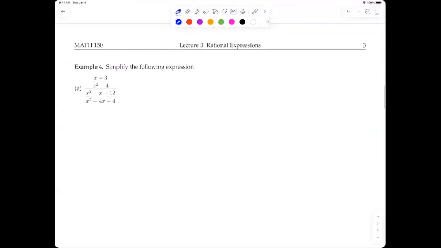Right, in the next example, it's the same thing. You have divisions of rational expressions. So factor when possible. So I have (x plus 3) divided by (x minus 2)(x plus 2), all together divided by (x minus 3)(x plus 3) over (x minus 2)(x minus 2).